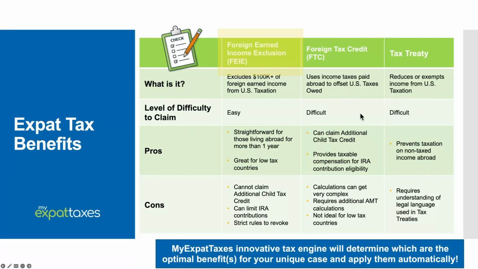We have indicated here a little scale, how difficult it is to use it. I will tell you why. This one is easy because it's relatively straightforward. Even if you want to do it on your own with a little bit of research, probably you can do it. There isn't too much calculation involved.